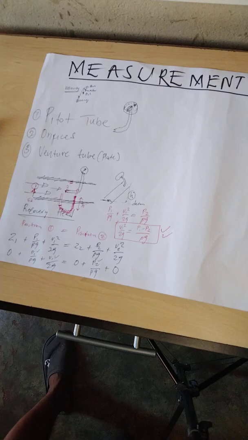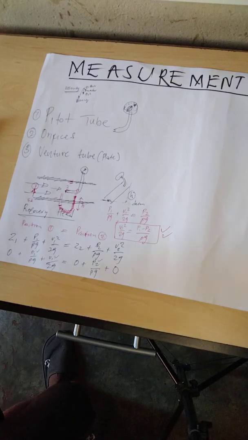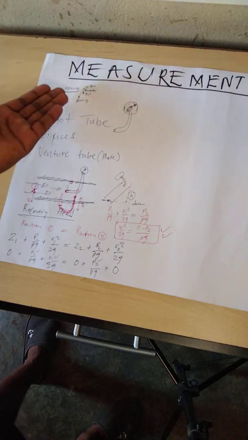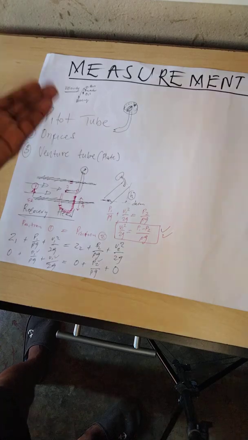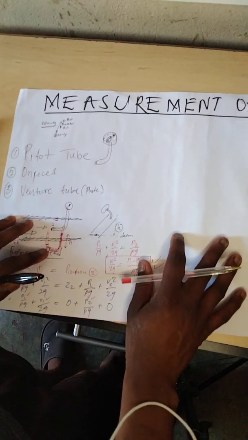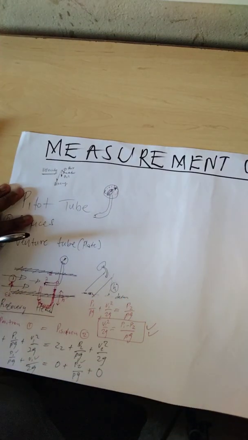All right. Then, if that is the case, I need us to understand something. I remember I told you that the purpose is to measure velocity, right? Another formula that I need you to know and keep in mind is this. This is the formula I need you to know.